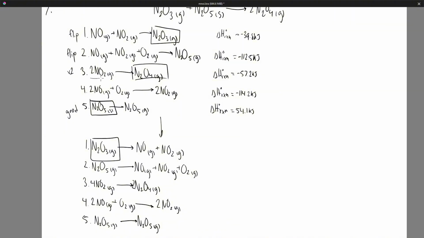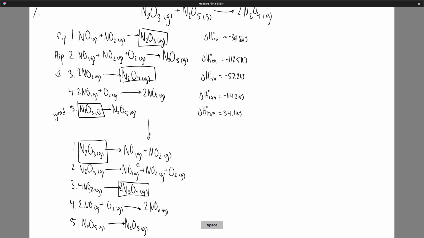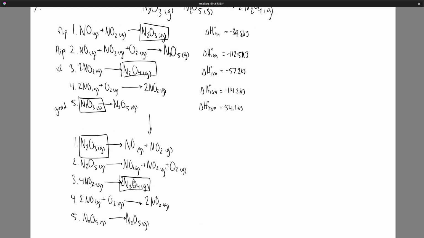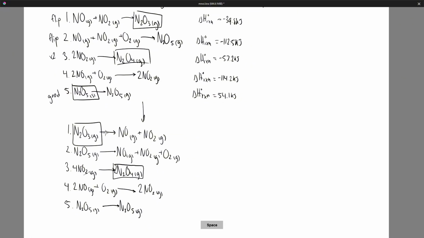I doubled this equation, so it's 4 NO2s and 2 N2O4s. Sorry. Okay, so we want to keep that. I didn't do anything to this equation just yet, and this one was always good from the start.